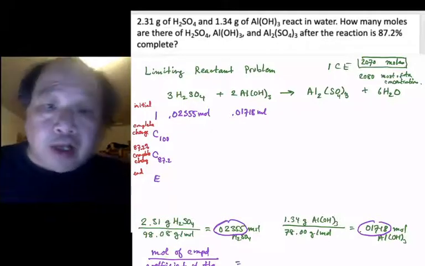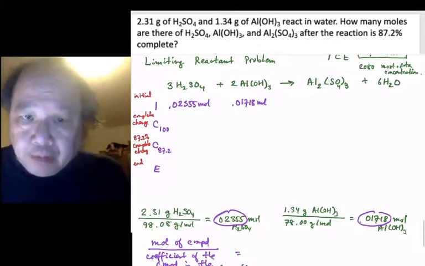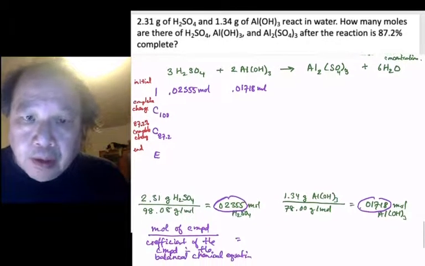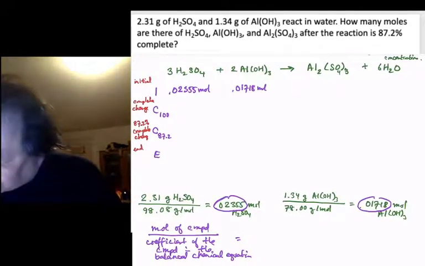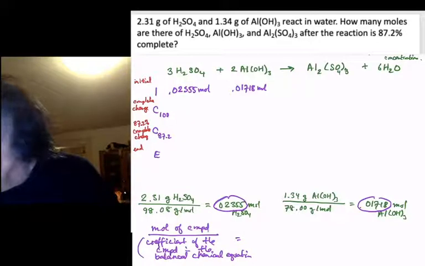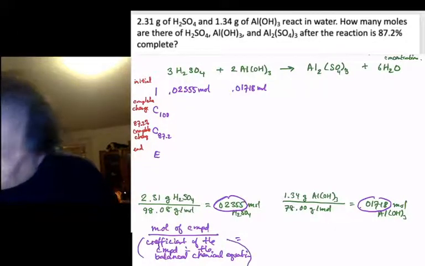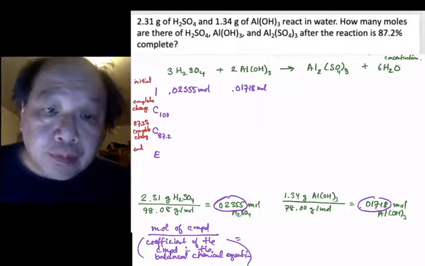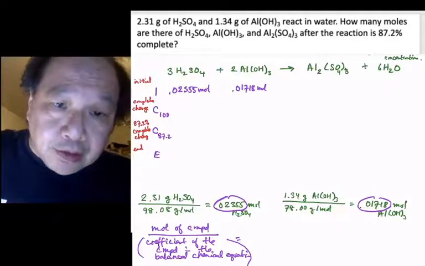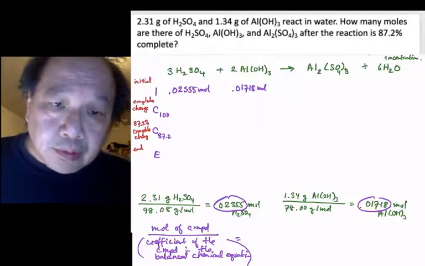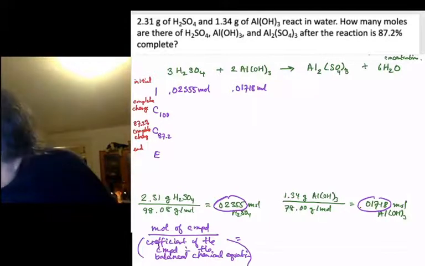The moles of a compound divided by the coefficient of the compound in the balanced chemical equation. What do you think that's equal to? It's something we talked about last time with a little subscript. Put it in chat, please. That's right. That's the mole reaction.